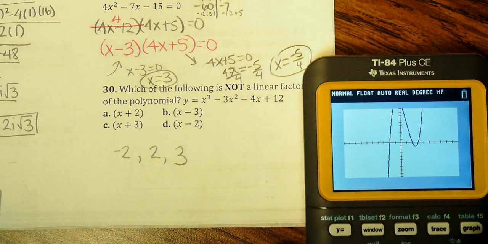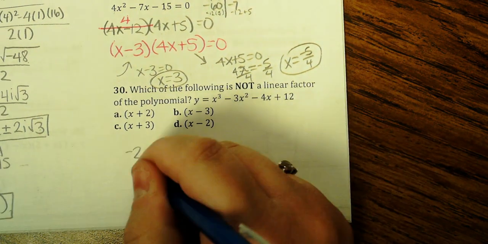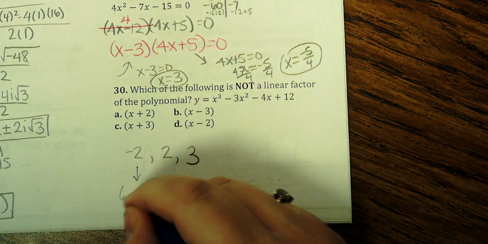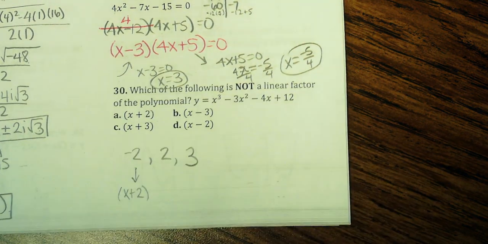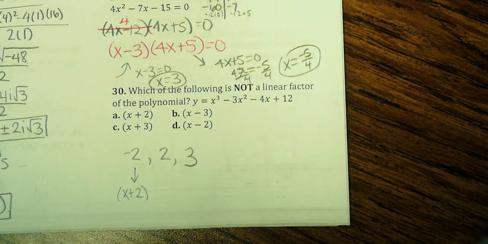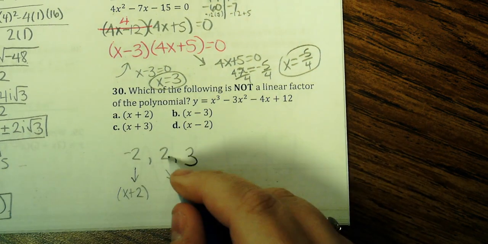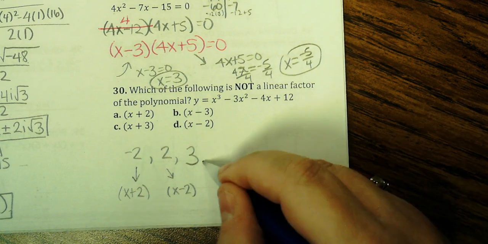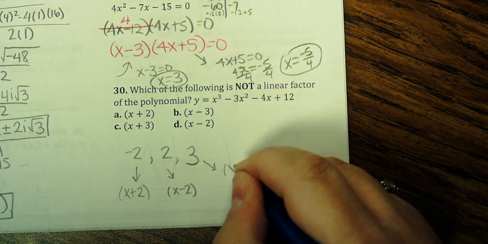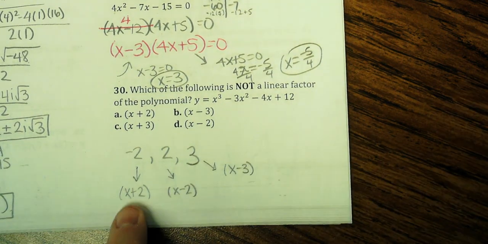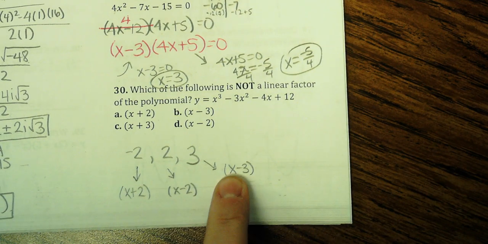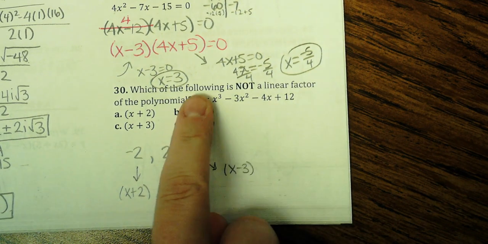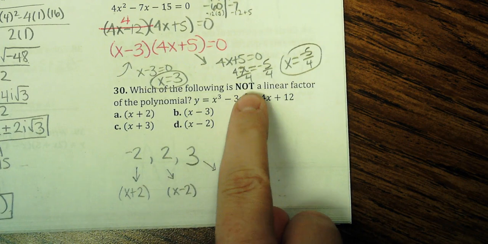Okay, we're going to translate these real quick into linear factors. If that's your 0, x plus 2 is my linear factor. If this is my 0, then x minus 2 would be the linear factor. And if 3 is my 0, x minus 3. So these are all linear factors of this polynomial. This says which of the following is not.